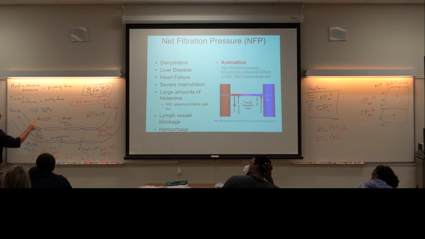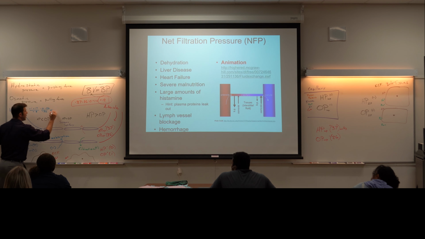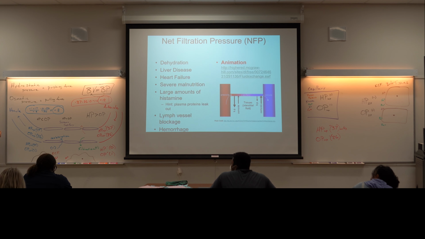So when we do all that, we get a -8. I'm not good at doing math in my head. Can anybody confirm? Confirmed. All right, -8. So when we do the math here and we get a negative number, that tells us that overall the reabsorption forces have won out, and this is going to be like a vacuum pulling things into this venule.